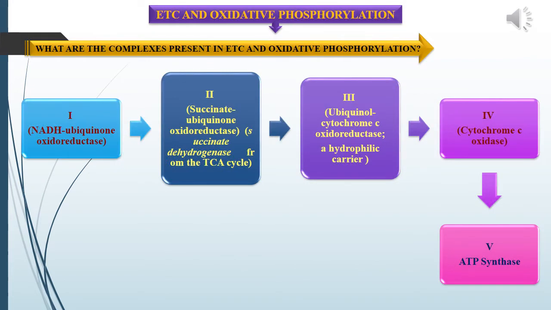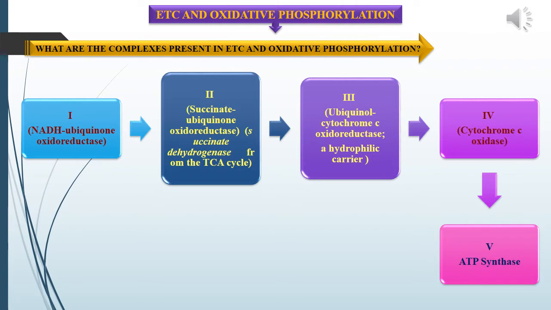As we have discussed already, the complexes present in ETC and oxidative phosphorylation are NADH ubiquinone oxidoreductase, succinate ubiquinone oxidoreductase, ubiquinol cytochrome C oxidoreductase, a hydrophilic carrier, and cytochrome C oxidase, then ATP synthase.